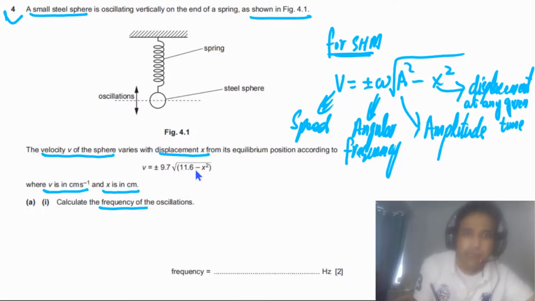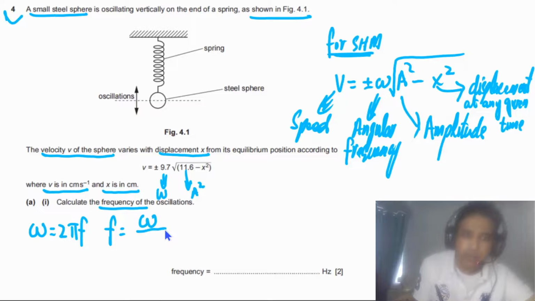Now simply if we compare this one, so this one is omega square, this one is a square, and this is x square. We need to calculate frequency of the oscillation. So if we have angular frequency, then we can calculate the frequency of oscillations. From here we can write down frequency of oscillations.